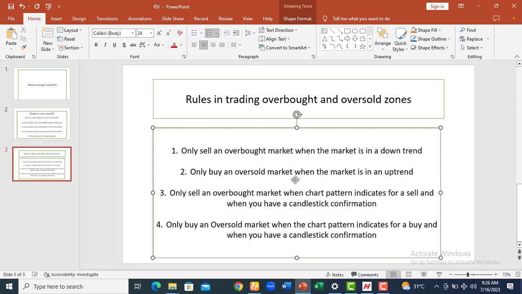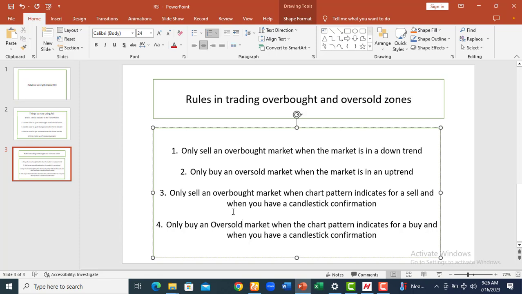Only sell an overbought market when the chart pattern indicates a sell and when you have a candlestick confirmation. And only buy an oversold market when the chart pattern indicates a buy and when you have a candlestick confirmation.